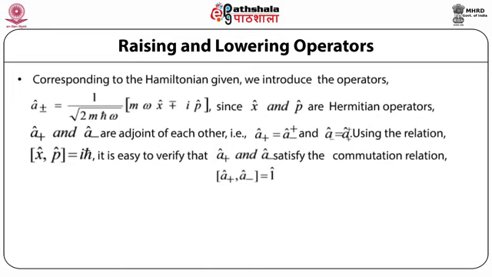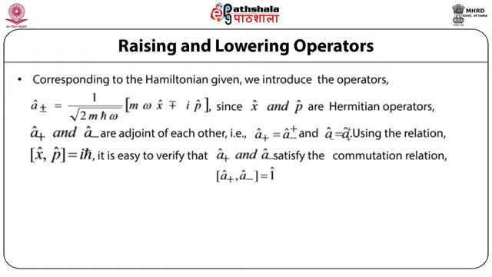other operator is defined as operator A minus is equal to 1 upon under root twice times mass times h cross times omega, whole multiplied by within brackets m omega operator x plus iota times operator p. So the operators A plus and A minus are basically the raising and the lowering operators.